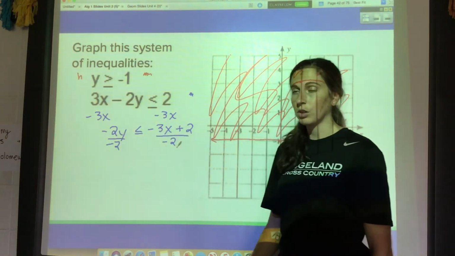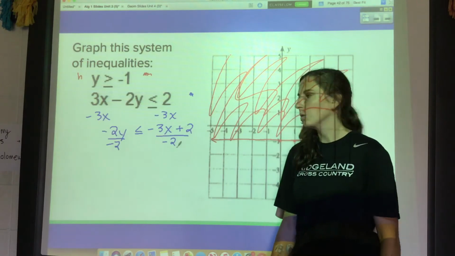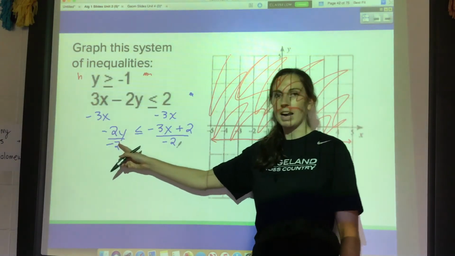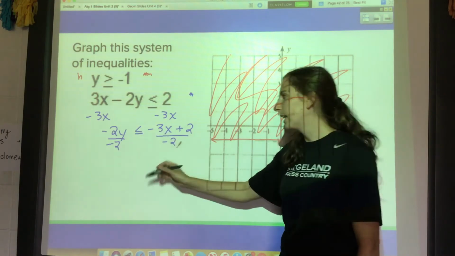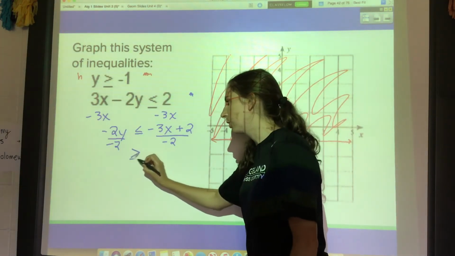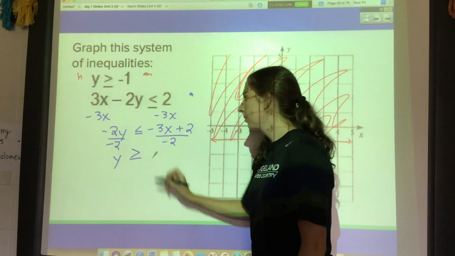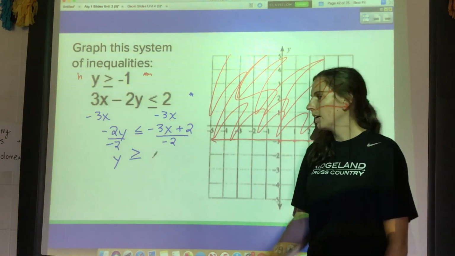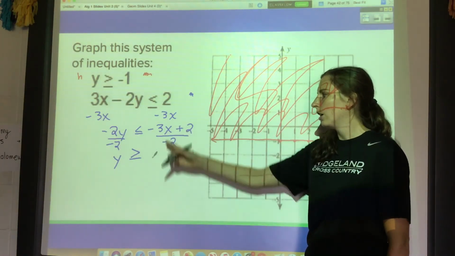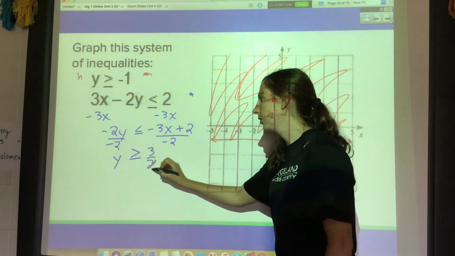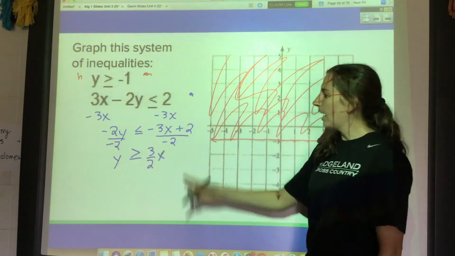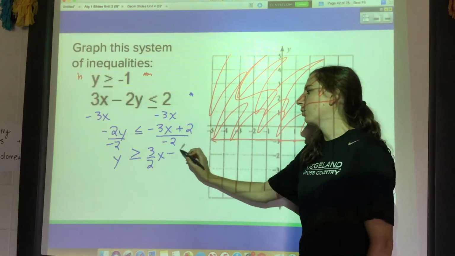But be careful, remember with inequalities, if you ever divide or multiply by a negative, it flips the sign. So instead of less than, it's now greater than or equal to. I'm going to go ahead and break this up a little bit. So negative 3 over negative 2 is basically just 3 over 2x, and 2 over negative 2 is negative 1.